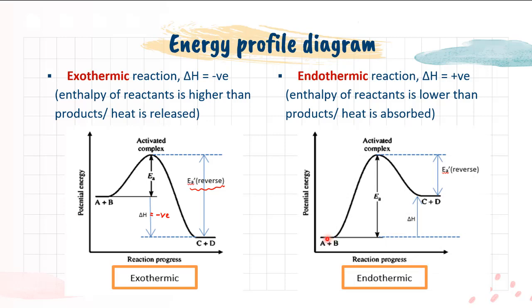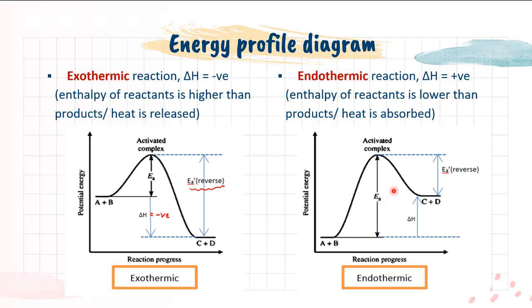As you can see, the reactants have a lower energy or lower enthalpy, and they need to cross over this minimum energy, the activation energy, to reach this activated complex, and finally reach the product. The difference in energy between the reactant and the activated complex is your activation energy.